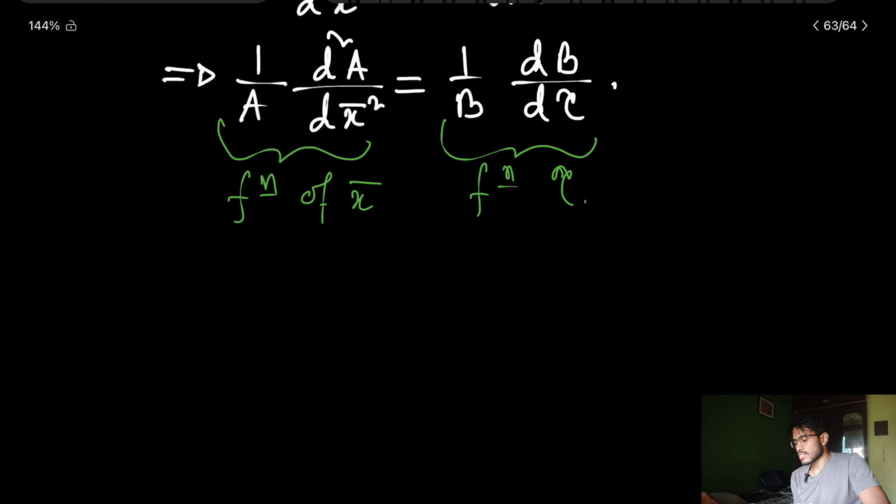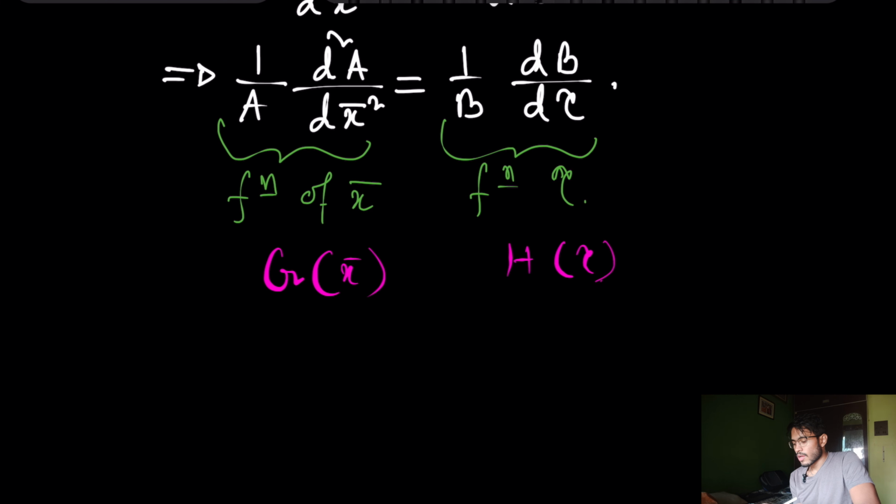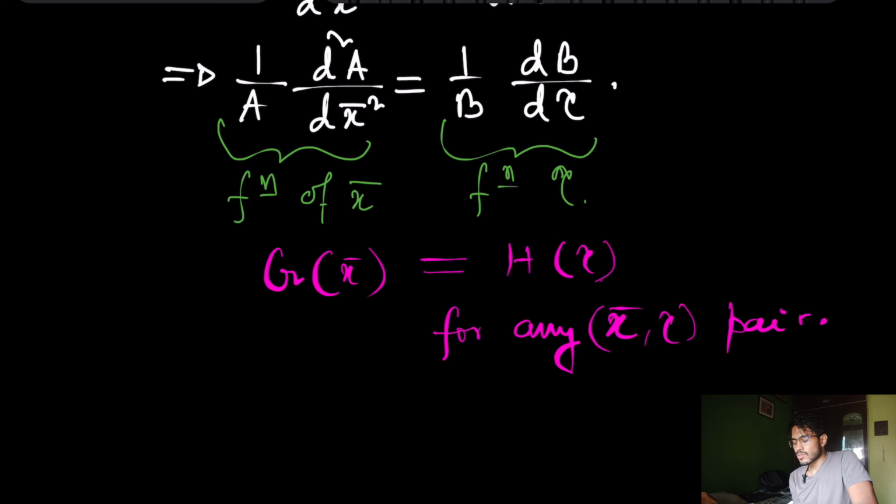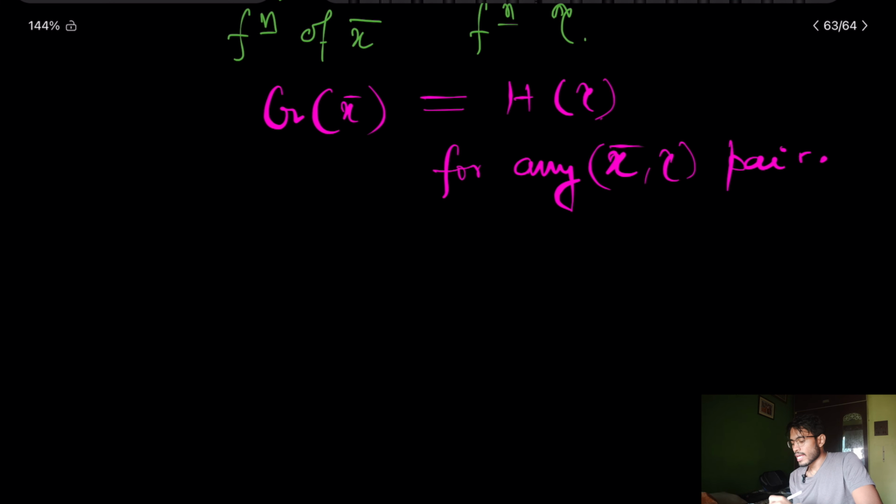Now you see that if I have a function, let us say this is g of x bar and this is h of tau, okay. Now I have g of x bar equal to h of tau for any x bar comma tau pair, okay. Like I have one function that is x square, another function that is x.